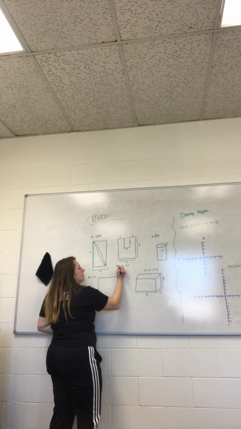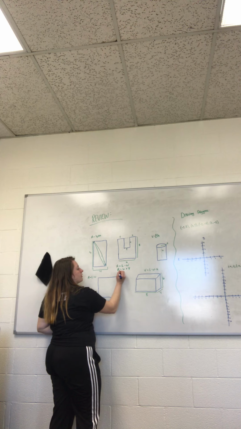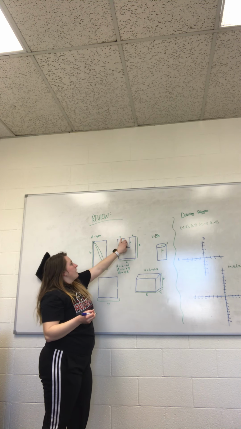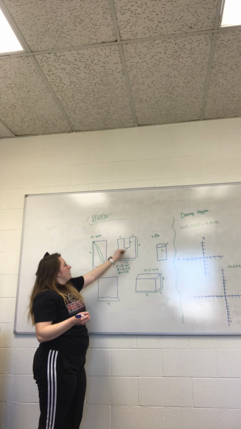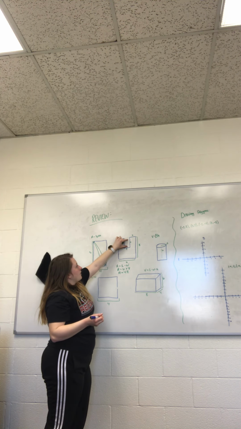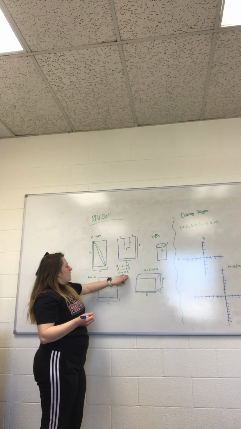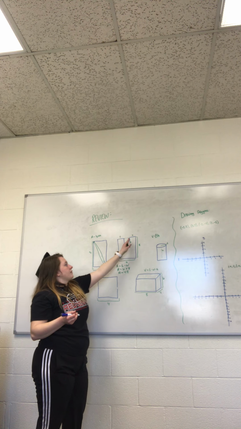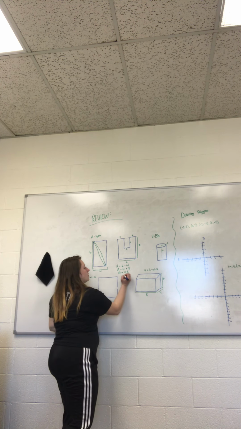So we have 6 times 8, which is 48, but that includes this. So then we have to find the area of this small area and then subtract that from our big one, right? So 4 times 2 is length times width, 8.